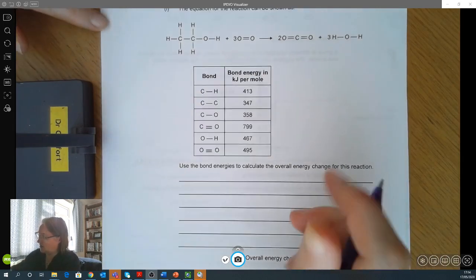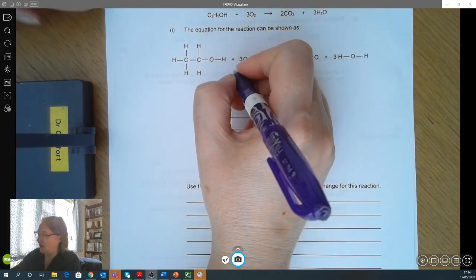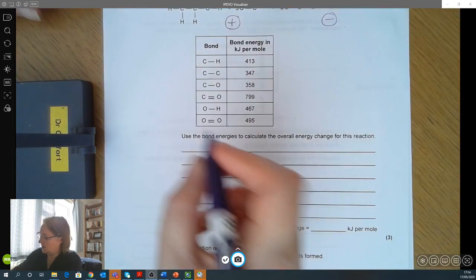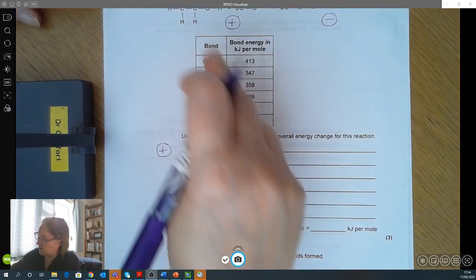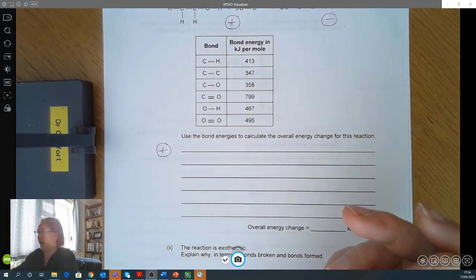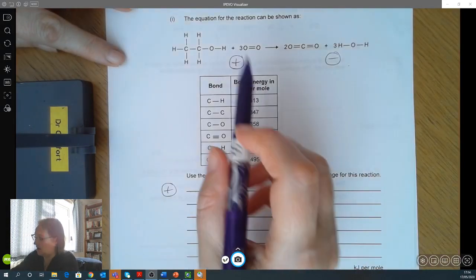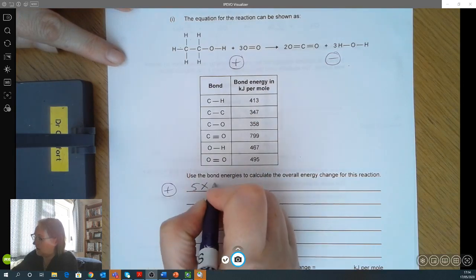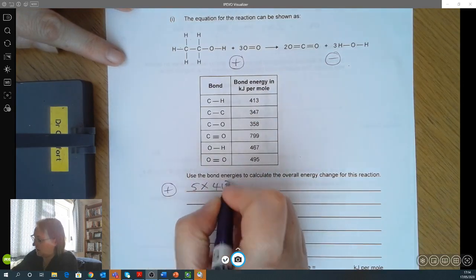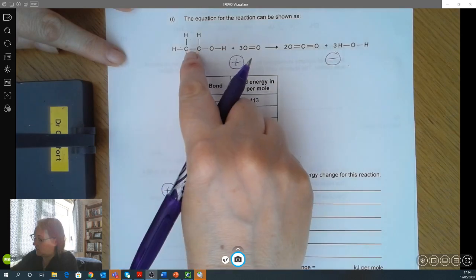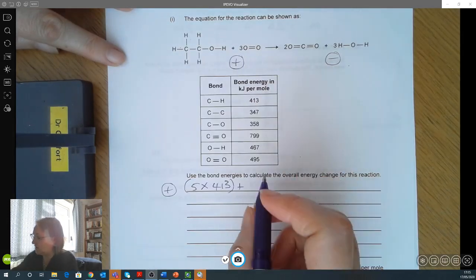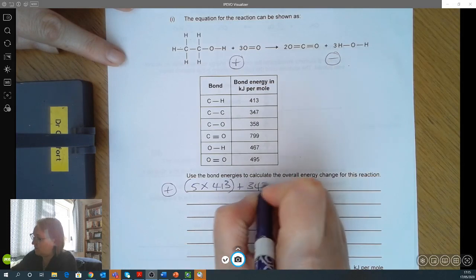So I'm going to do my plus, minus before I start. So my pluses. All of these are energy gains. So what have I got? 1, 2, 3, 4, 5 C-H bonds. I've got 1 C-C bond, which is the one I always forget if I'm not careful.